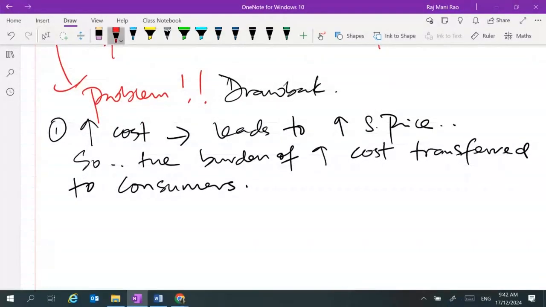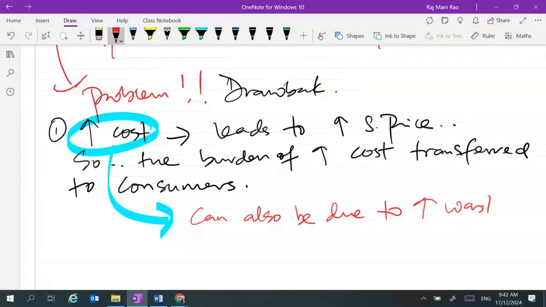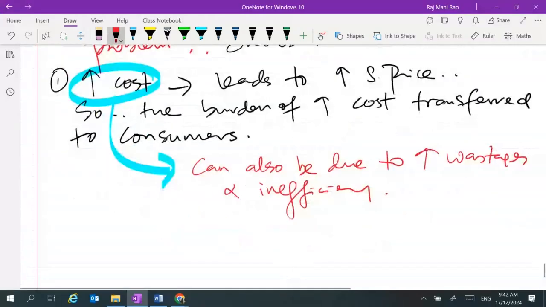So this high cost can also be due to high wastages and inefficiency.